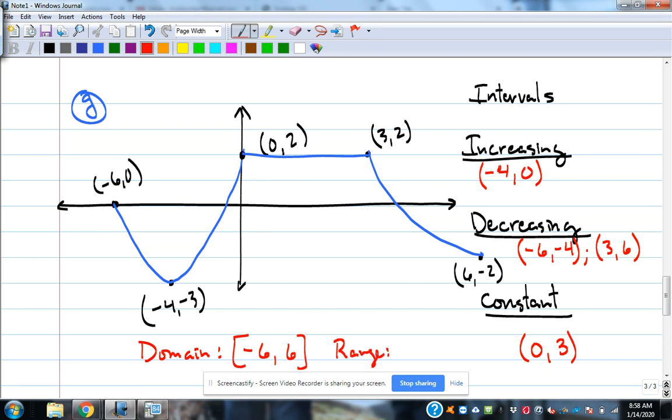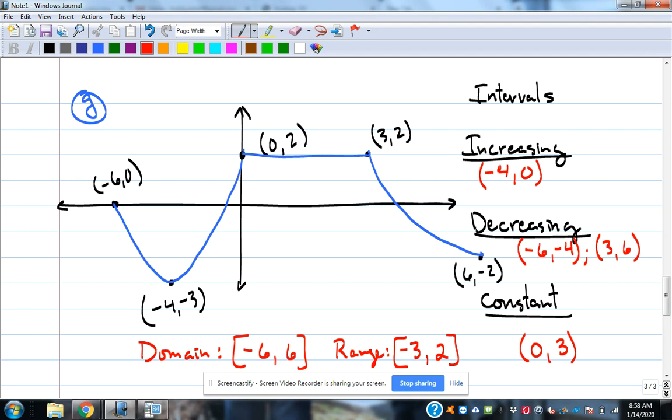Lowest y value is -3. The highest y value is 2. Brackets. So we're not going to lose the idea of domain and range either. Okay. Really easy concept, reading a graph.